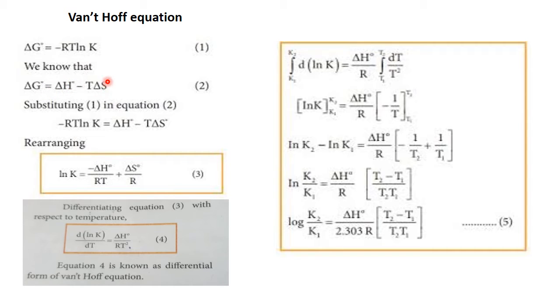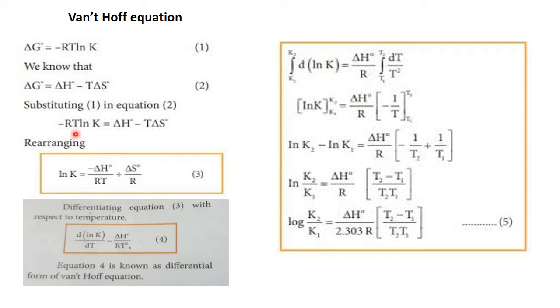So substituting delta G0 in the second equation, what will be the equation? Instead of delta G, you have to substitute minus RT ln K. So minus RT ln K is equal to delta H0 minus T into delta S0.